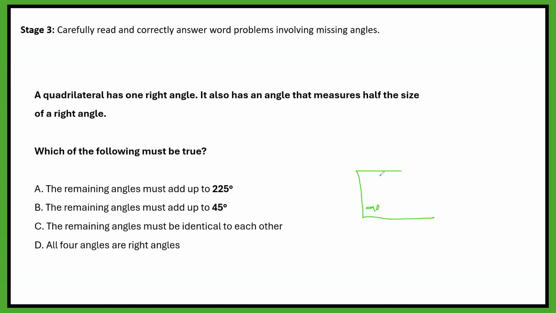How do you know one angle is 45? You are correct, but how do you know? Because it says it also has an angle that measures half the size of a right angle, and half of 90 is 45. Perfect. And the other two angles add up to 225. Perfect. Absolutely. Well done, Annabelle.